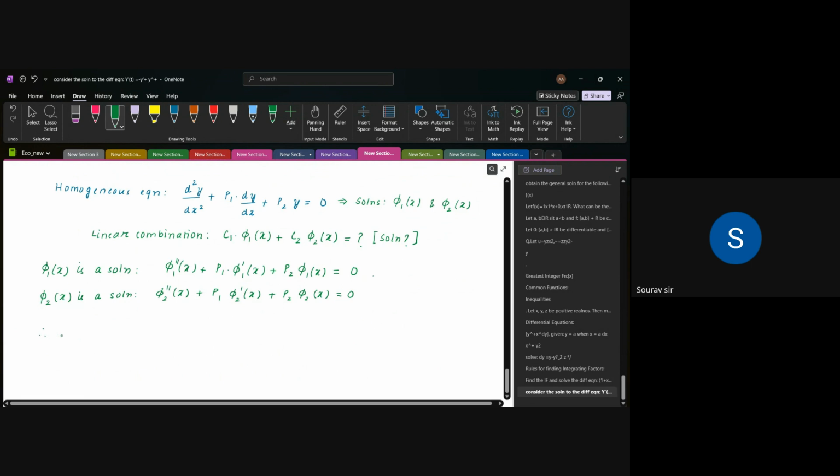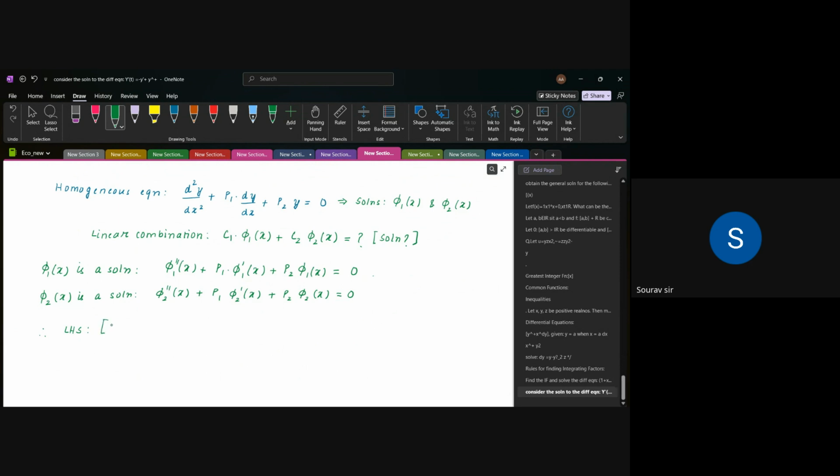So if I'm considering the linear combination, what will be the LHS? The second derivative will be C1 phi 1 plus C2 phi 2 double prime x, plus P1 times C1 phi 1 prime x plus C2 phi 2 prime x, plus P2 times C1 phi 1 x plus C2 phi 2.